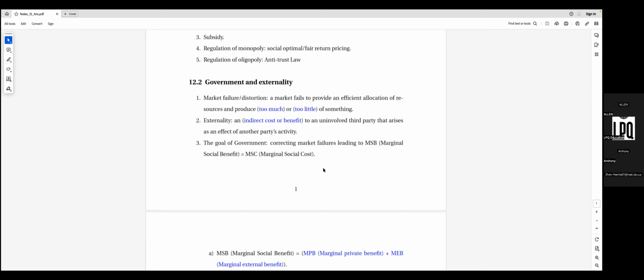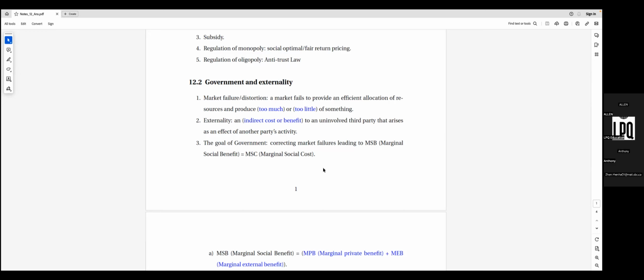So next step, super easy. As a government, for sure you want to reduce the quantity of cigarettes, reduce the quantity of those bad things that can generate negative effects for our society. So this is a real life example of a negative externality.